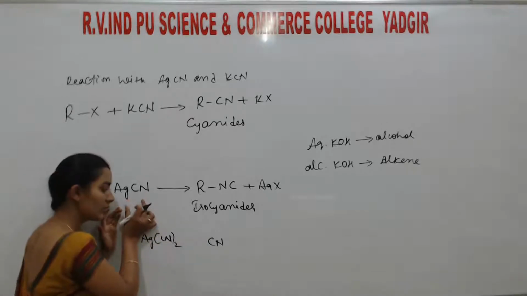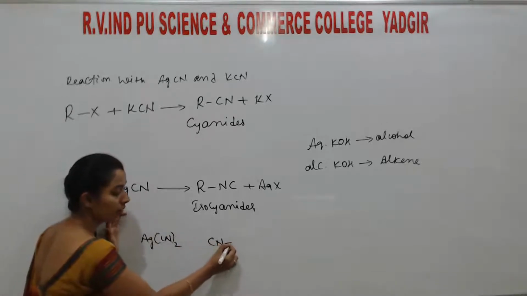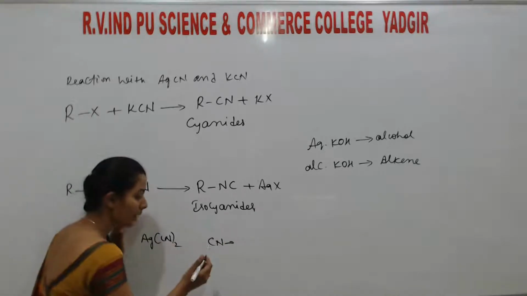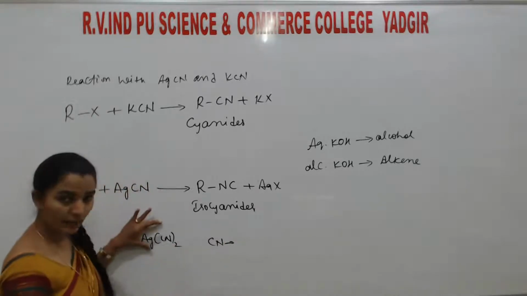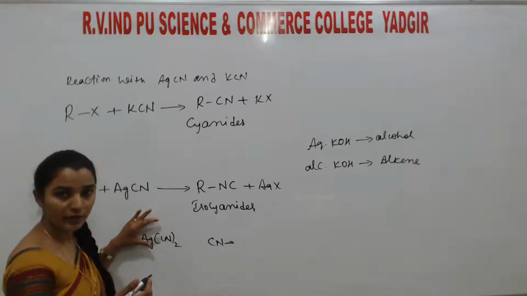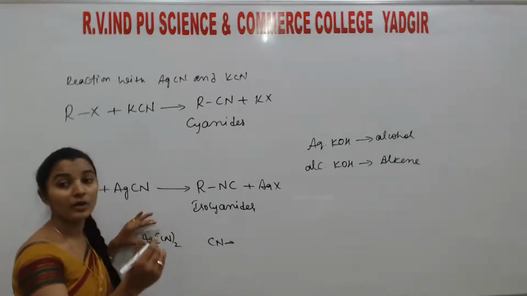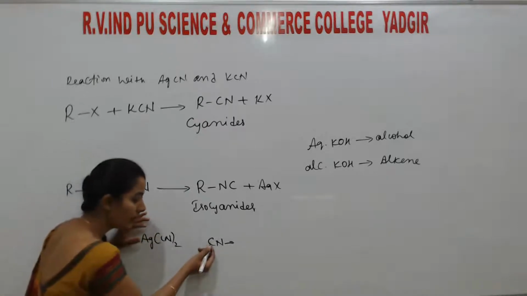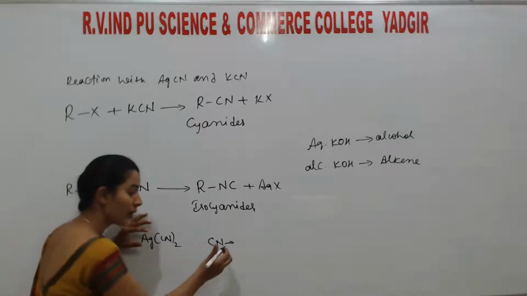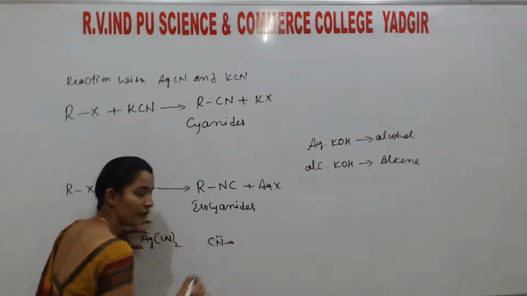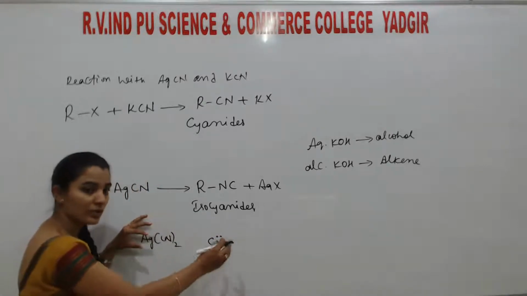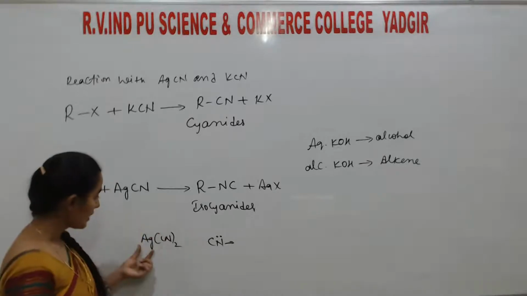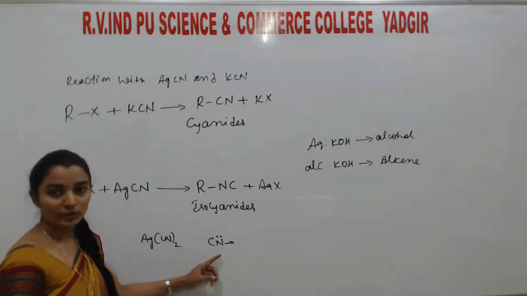As we are taking AgCN, bonding through N is most preferable. Why? Because AgCN complex, as I already explained in coordination compounds, donates a pair of electrons to the metal. On carbon there is no lone pair, but on nitrogen there is a lone pair. So it easily donates a pair of electrons to form a complex. That's why in AgCN, this bond will form.